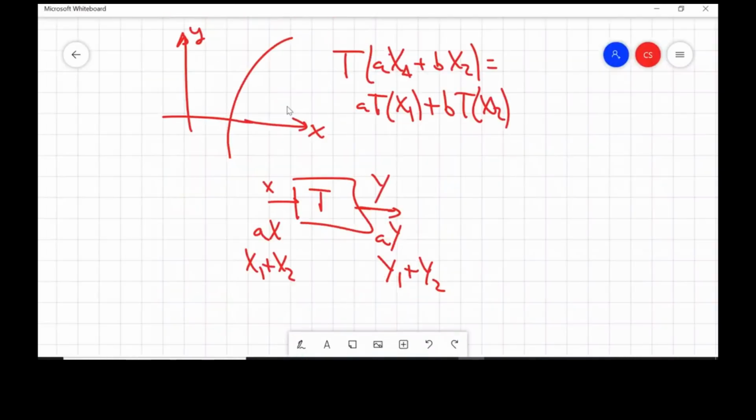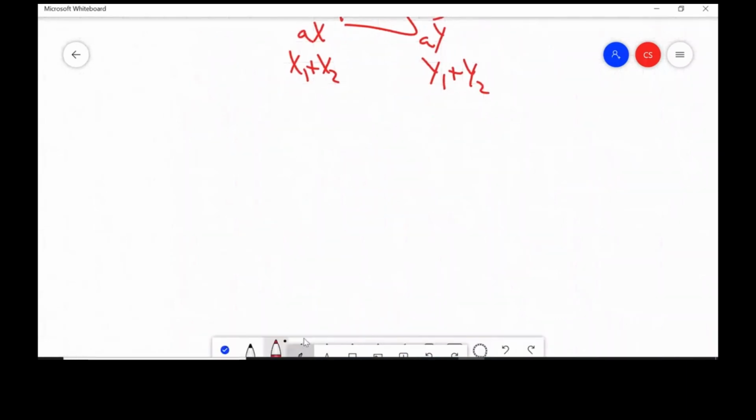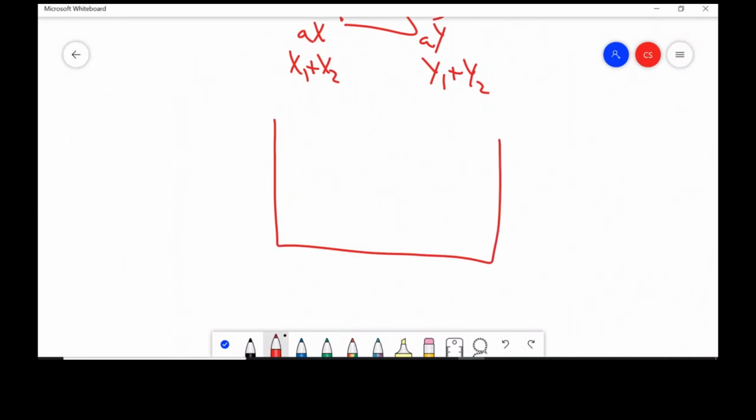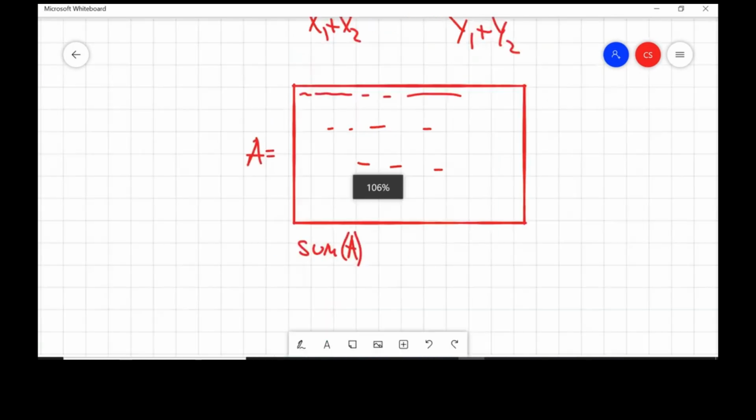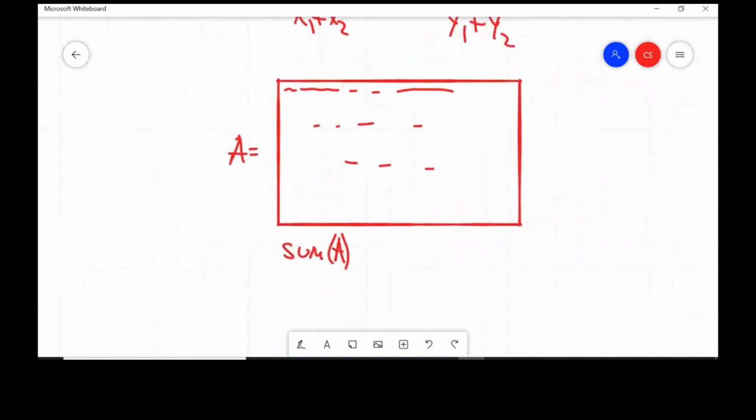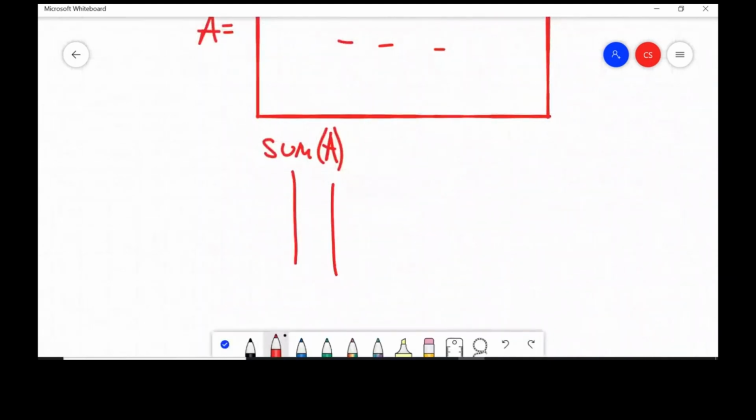So let's say that you have a matrix in MATLAB. So you have a matrix of numbers, full of numbers, and this is matrix A. If you do sum A, what you're doing is summing by columns, and then you get a number for each one of the columns.